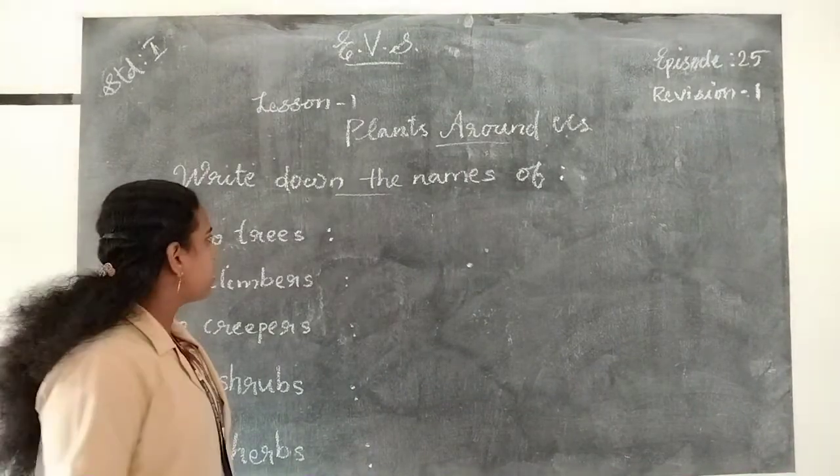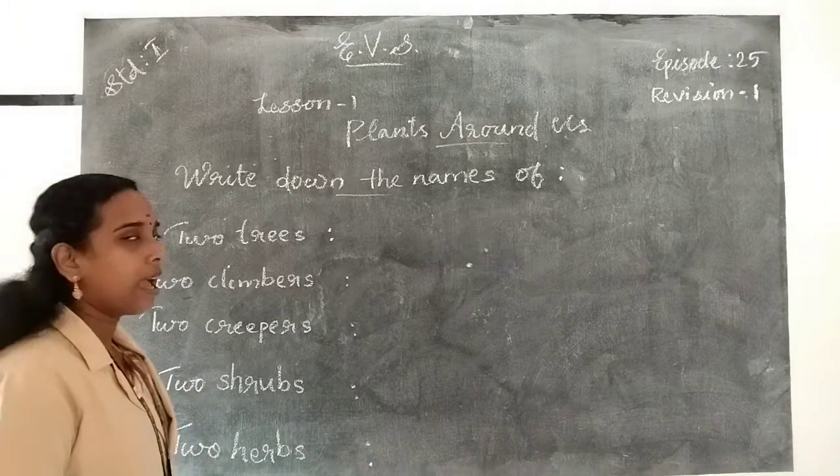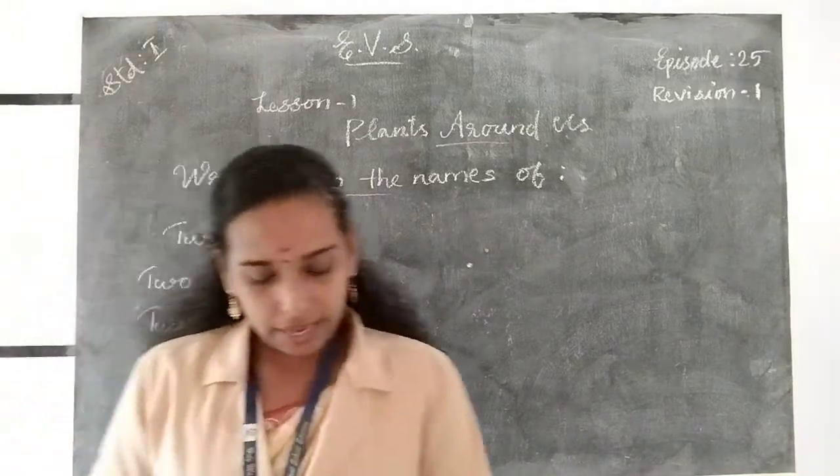So write down the names of any two trees, two climbers, two creepers, two shrubs, and two herbs. And first one, two trees.